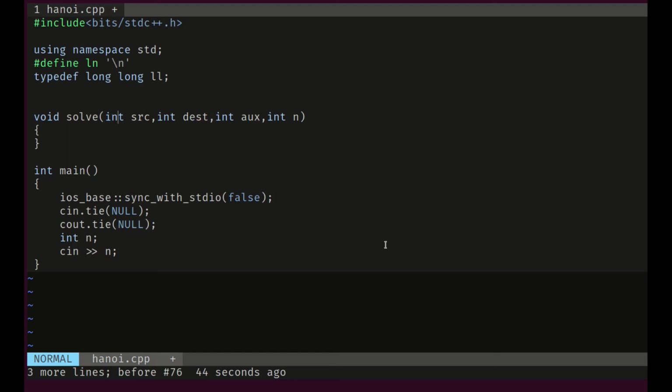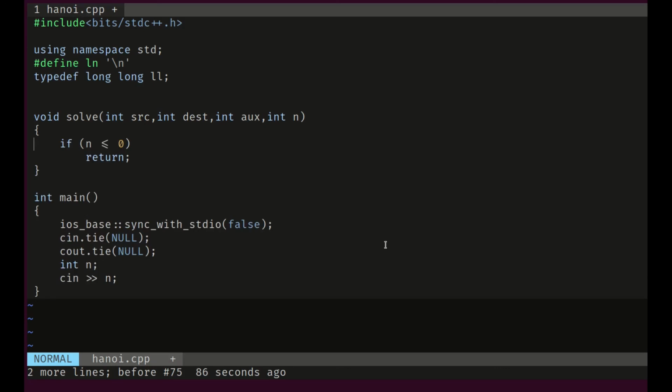This basically means that we would move n disks from source to destination using the auxiliary stack. We'll start by stating our base condition. If the number of disks is less than or equal to 0, we will just return.